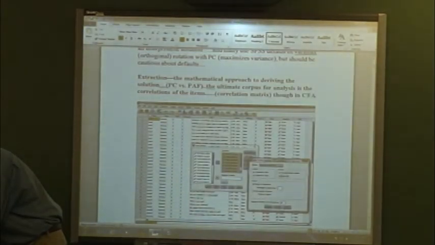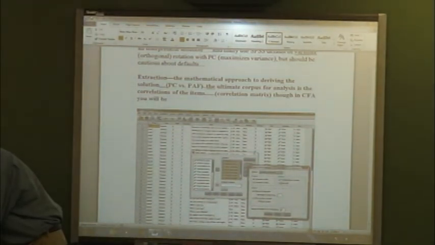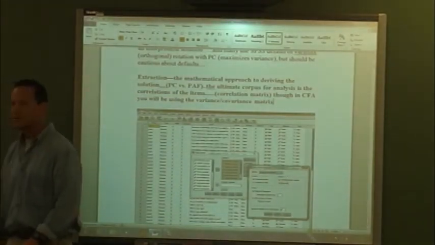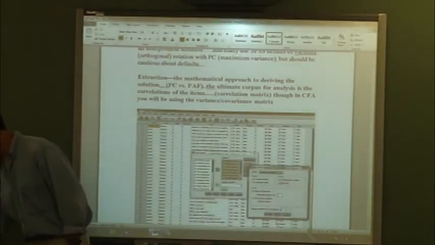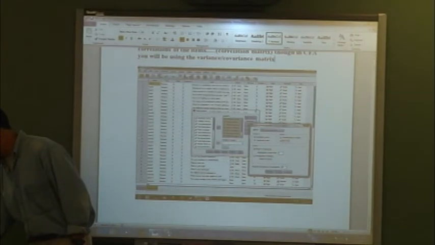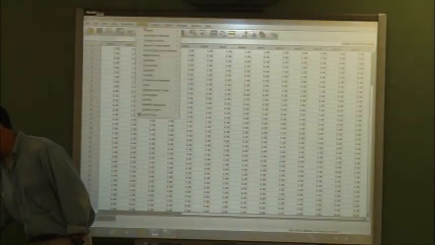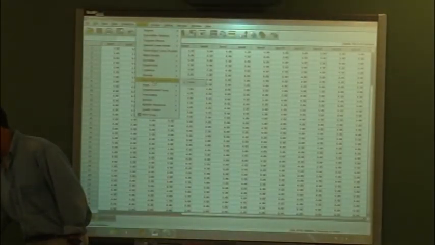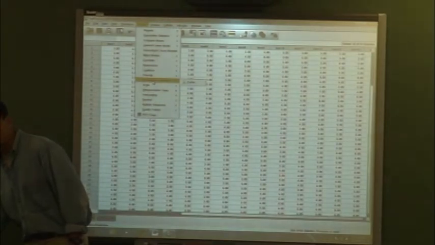Though in CFA, you will be using the variance covariance matrix. So ultimately, you're going to use the correlation matrix, and you'll see when you get into this, everybody, you do Analyze. It's under Dimension Reduction, because ultimately you're reducing the number of dimensions.